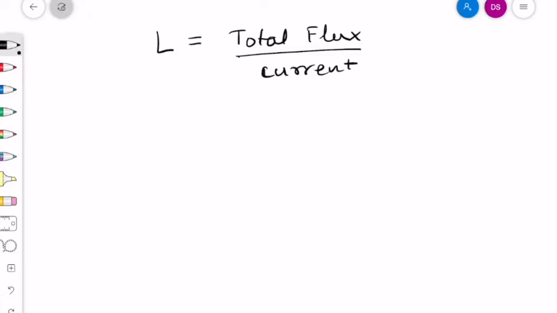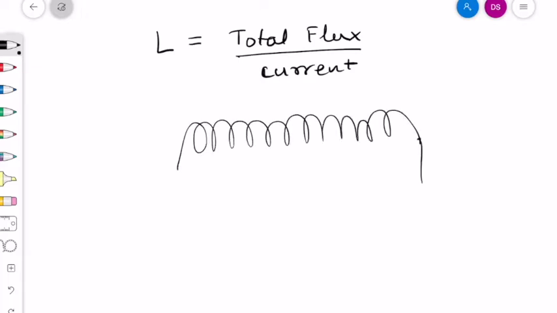So suppose you've got this long solenoid, and it has a length capital L, and let's say that its turn density is little n. So little n is defined as the total number of turns, which is capital N, divided by the length occupied by those turns, so N divided by L.